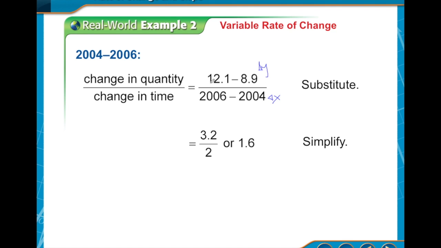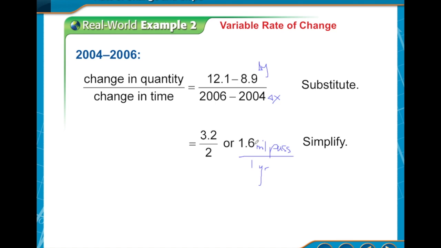So if we simplify that, the difference here, 3.2 million passports, 2 years went by, divide that away, we get 1.6, and that's million passports over 1 year.